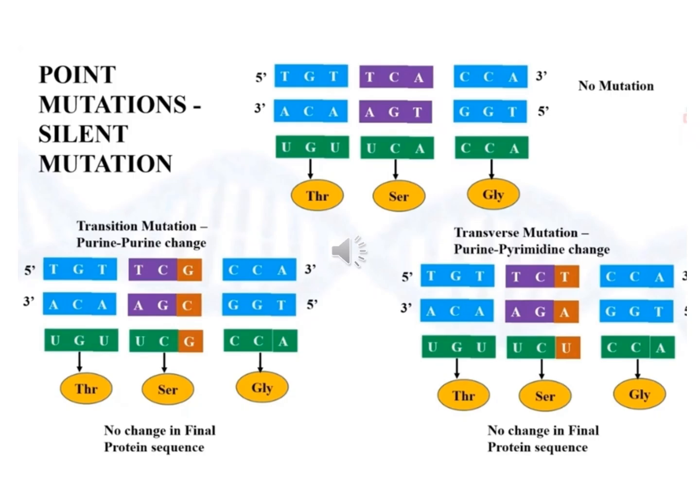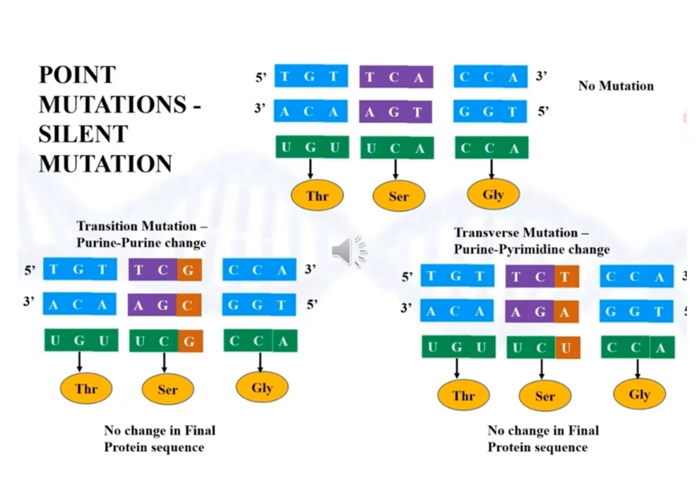Let us take a double sequence of DNA and the mRNA, which calls for the codons, which give rise to the amino acids. Here you can see that no mutation occurs. Next is the transition mutation, where a purine changes to a purine. The first codon is not affected, but in the next, following the wobble hypothesis, the third codon is changed.